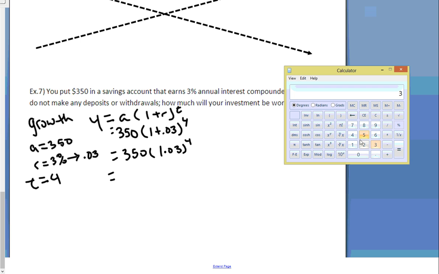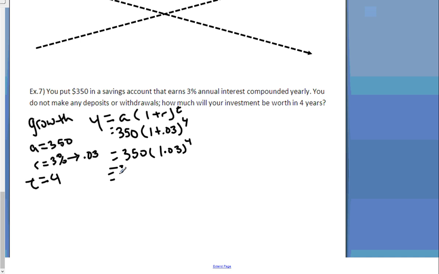350 times 1.03 to the 4th equals about 394. 394 what? $394.